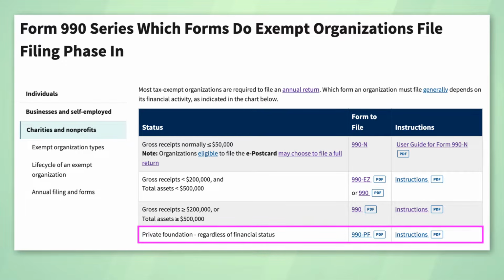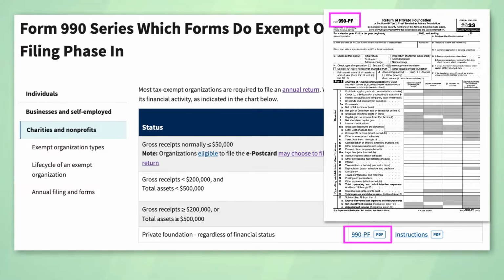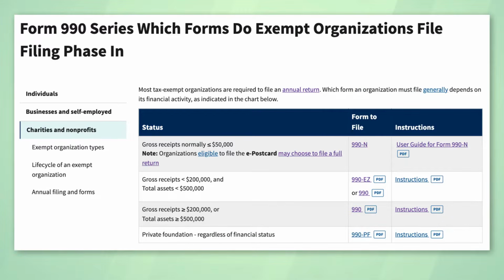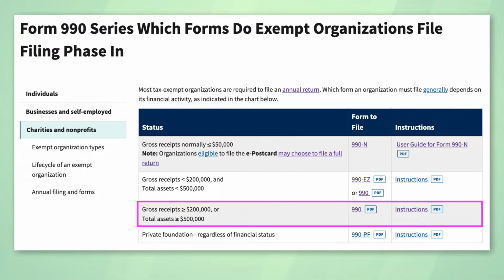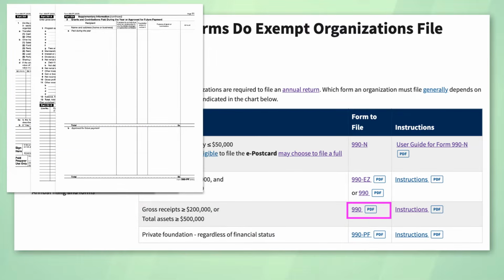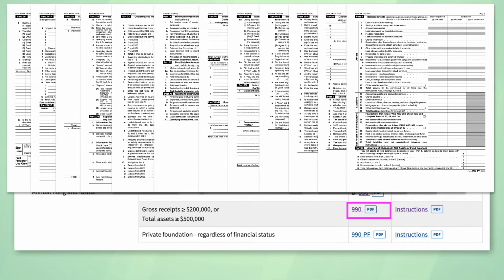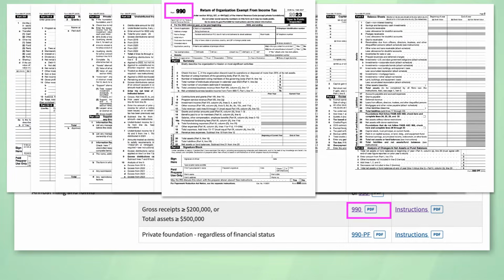If you are a private foundation, you are required to file Form 990-PF, regardless of assets or income sources. If your organization has either $200,000 or more in gross receipts or $500,000 or more in total assets, it is required to file the longest form, Form 990.